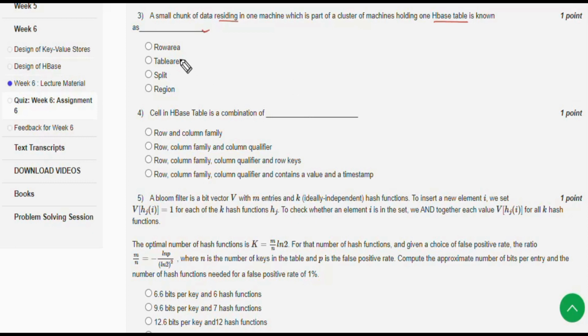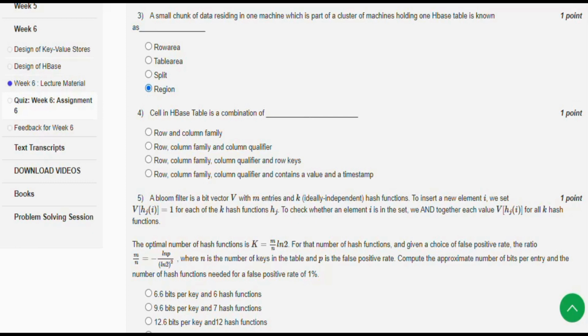The options are row area, table area, split, and region. And region will be the answer. So I select region.